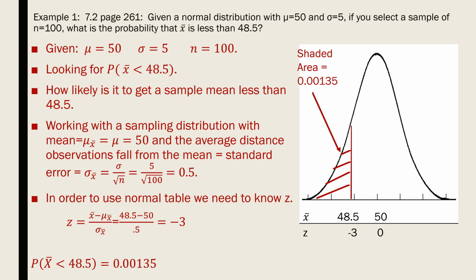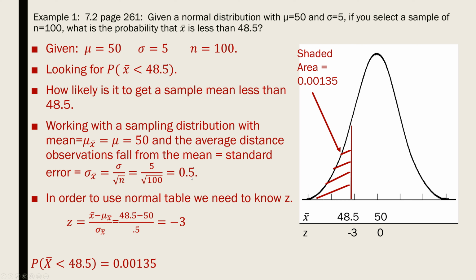So we are working with a sampling distribution with mean mu x bar, which also equals the population mean 50. And the average distance of observations from the mean equals the standard deviation, sigma x bar. It also equals sigma, the population standard deviation, divided by the square root of sample size. So the standard error of the sampling distribution of sample mean is 0.5.